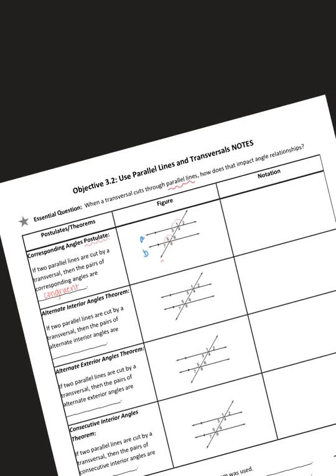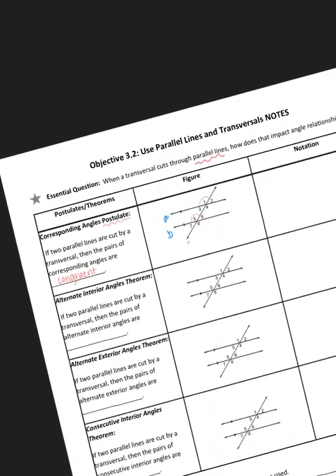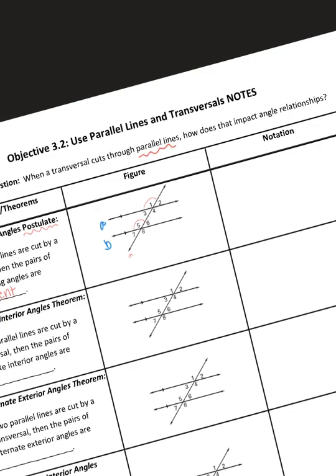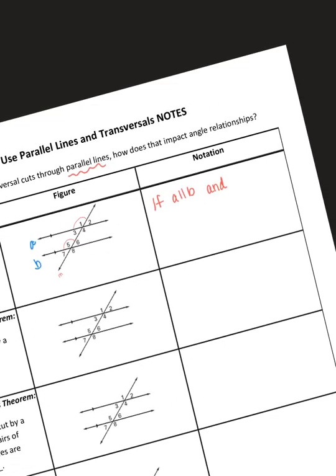We've got our figure, and we need to match our notation with the actual postulate. If two parallel lines are cut by a transversal, so if A is parallel to B and M is a transversal of A and B, then corresponding angle pairs will be congruent.